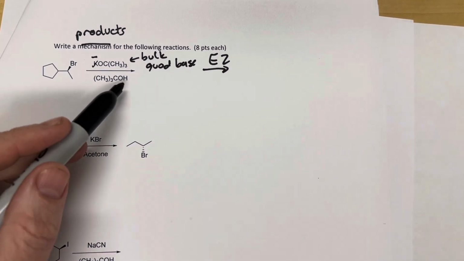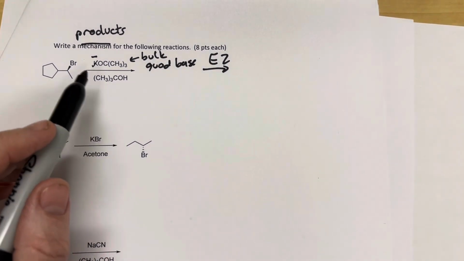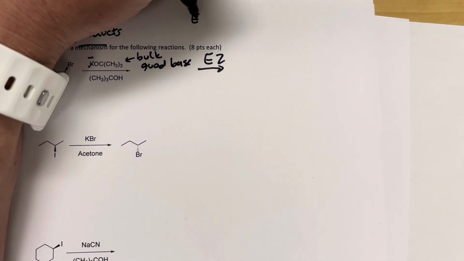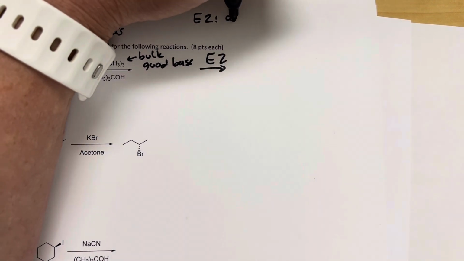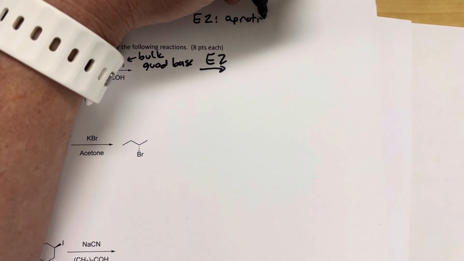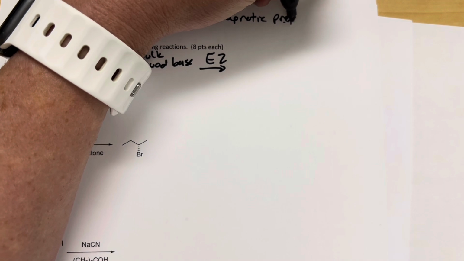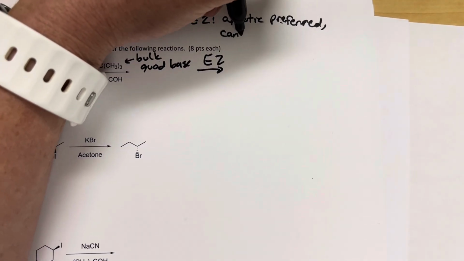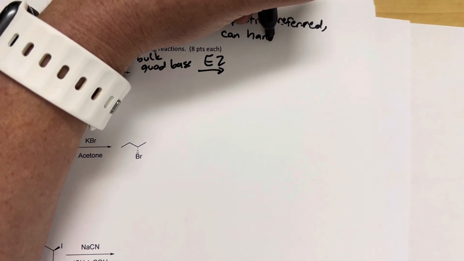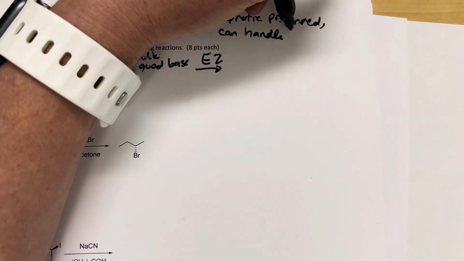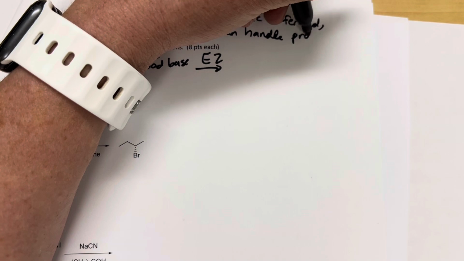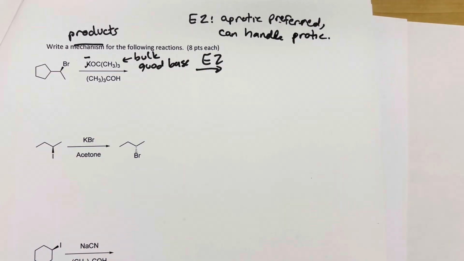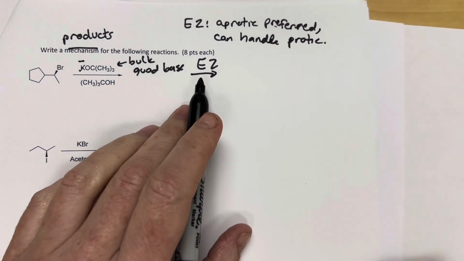It happens to be in a polar protic solvent. E2, even though aprotic is preferred, can handle a protic solvent. So this would proceed via E2.